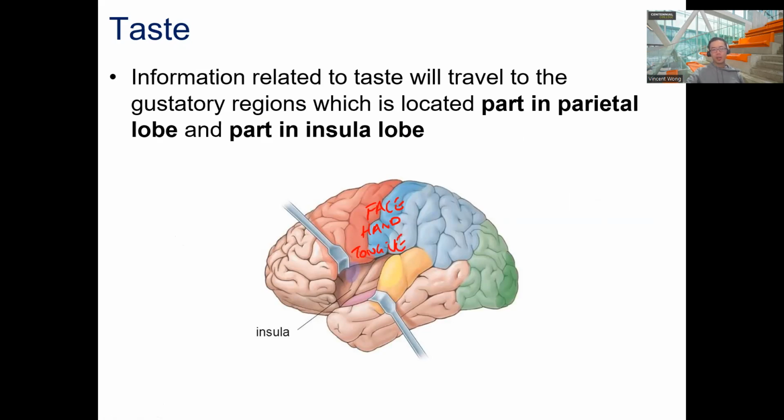Your tongue is not only for detecting taste. The information pertaining to taste goes to the insula, but your tongue can feel other things, like temperature. Are you drinking hot coffee or cold iced tea? That's temperature, and that goes to the primary somatosensory cortex. When you chew food, you move your tongue to put the food at the right place for chewing. If you get something stuck in your teeth, you can move your tongue to try to get it out.